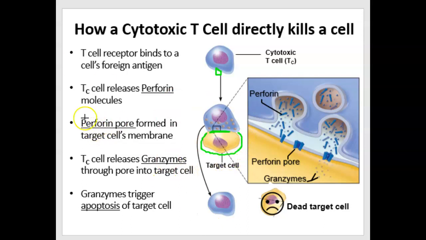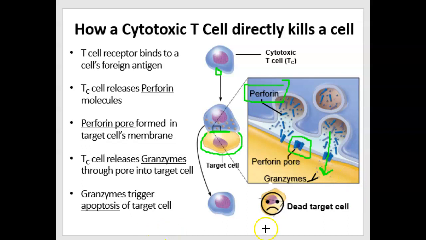In response, the cytotoxic T cell is going to release these molecules called perforins that make a pore in the target cell. And then, if it's not bad enough that you've got holes poked in your cell membrane, it also deposits enzymes called granzymes into the cell.